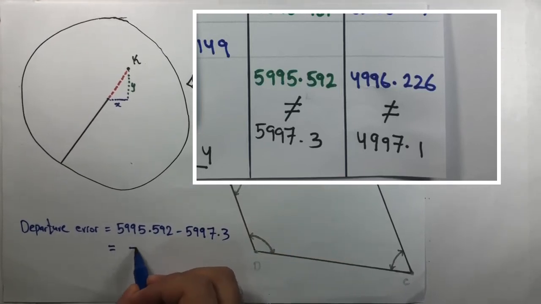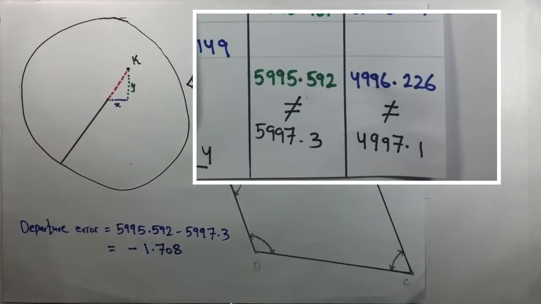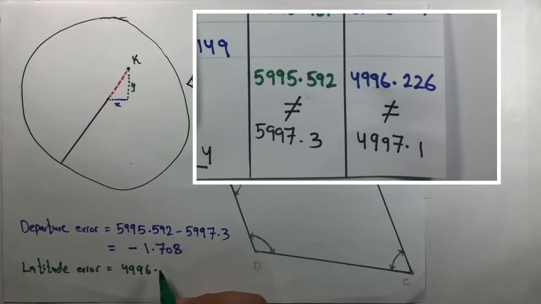Here we'll get a negative 1.708, and latitude error is 4996.226 minus 4997.1. We'll get a negative 0.874.